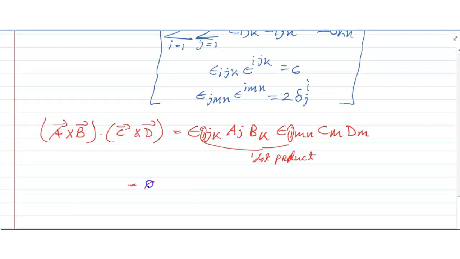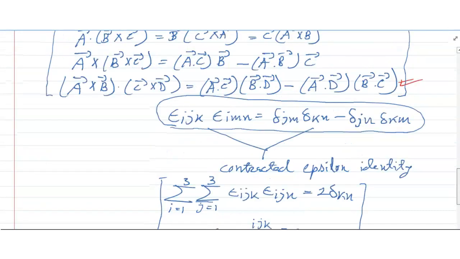So I can write it this way: this equals epsilon ijk into epsilon imn into aj bk and cm dn.